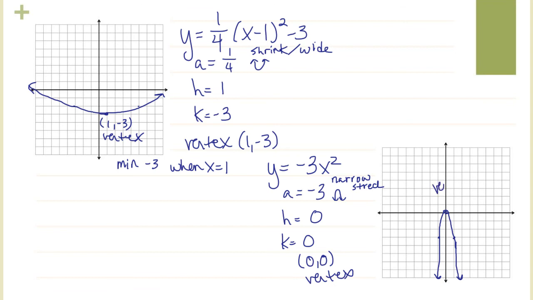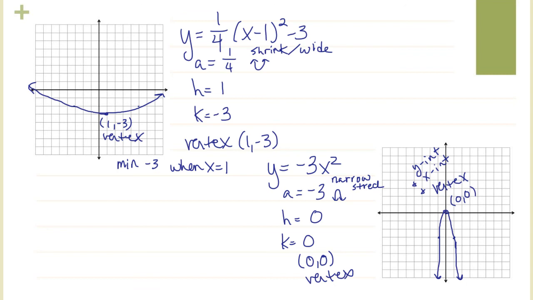But my vertex is (0, 0). What is that also? Well, it's got a 0 in the x position, so it's also my y-intercept. And it's got a 0 in the y position, so it's also my x-intercept. So that one point, when you have a vertex at (0, 0), it's the parent function because it's all things to all points, kind of, right?